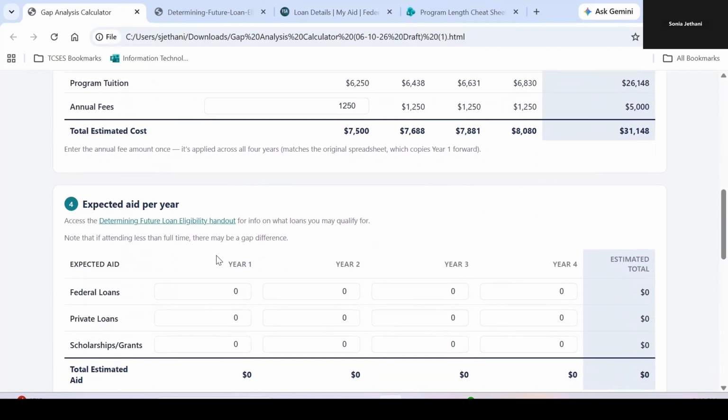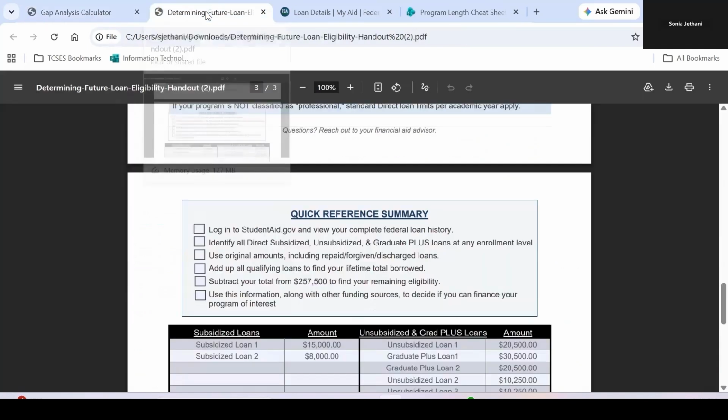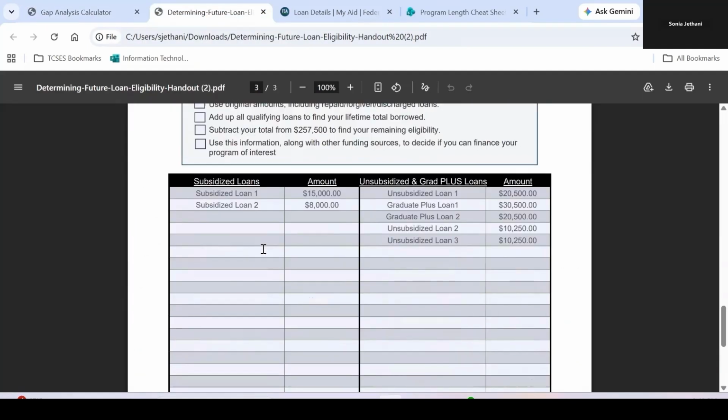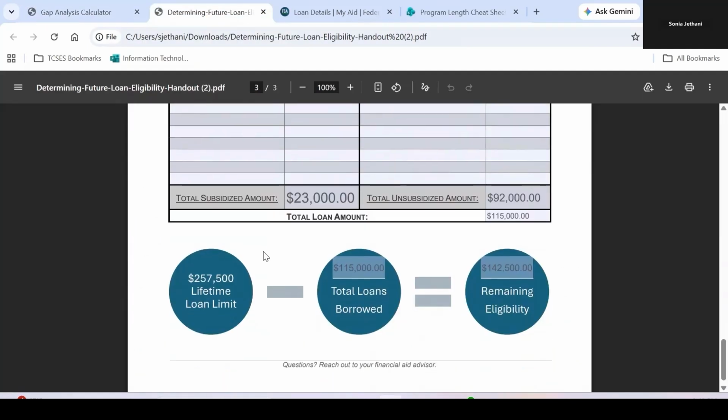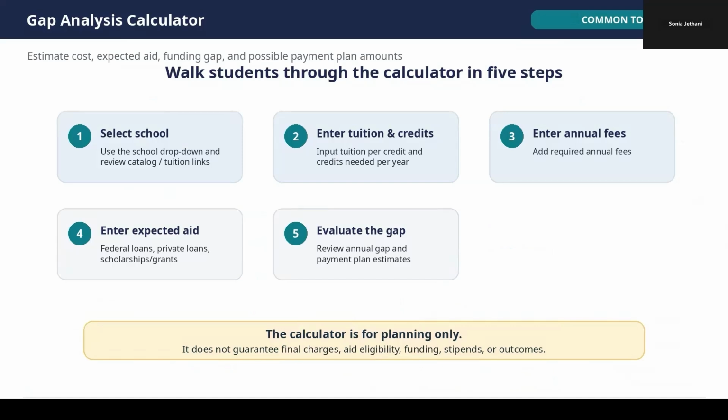Now we come to the expected aid per year. Remember, under your Determining Your Future Loan Eligibility handout, that you have calculated a remaining eligibility amount of $142,500. Also remember that aggregate and annual limits apply.